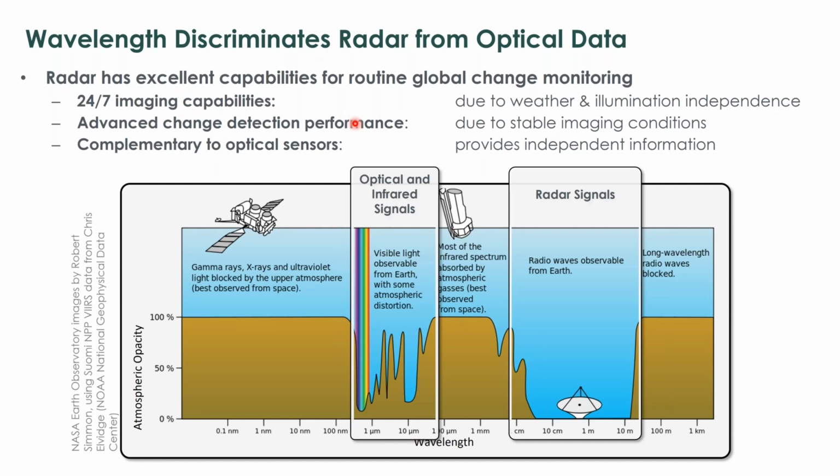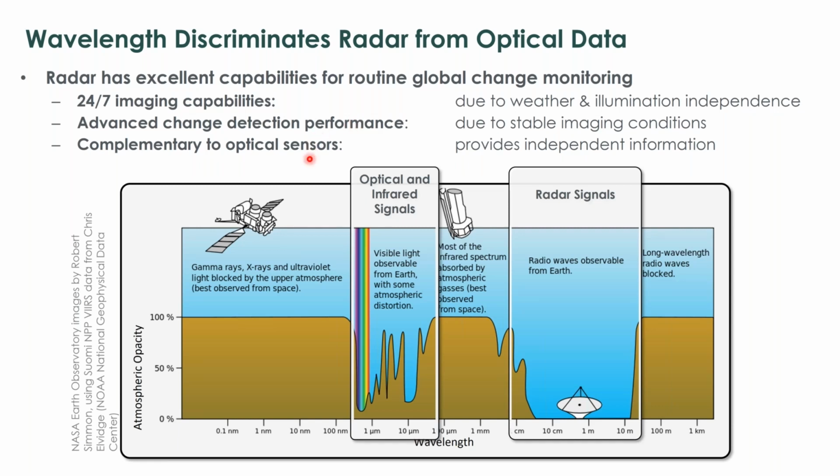This makes us independent of sunlight, and it provides a very stable observation scenario. If you take an acquisition today, and we take a repeated acquisition 12 days later, because we are sending the exact same amount of energy from the exact same location down to Earth, we have a very repeatable observation condition, which lends itself really well to change detection.